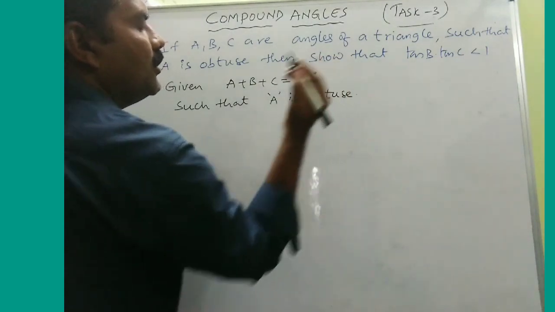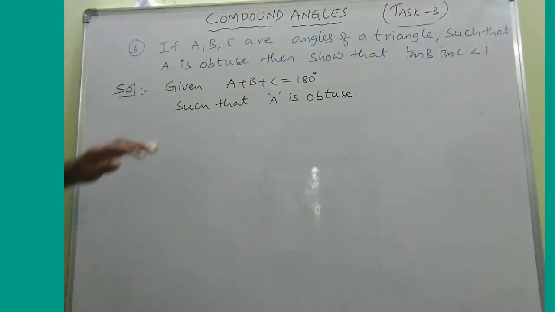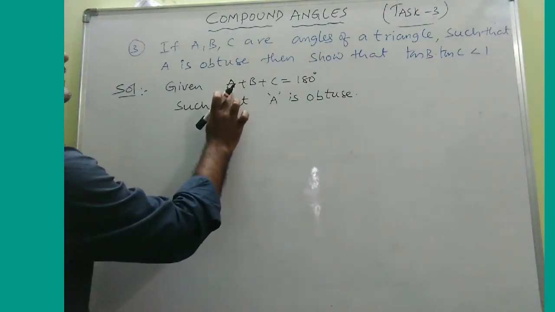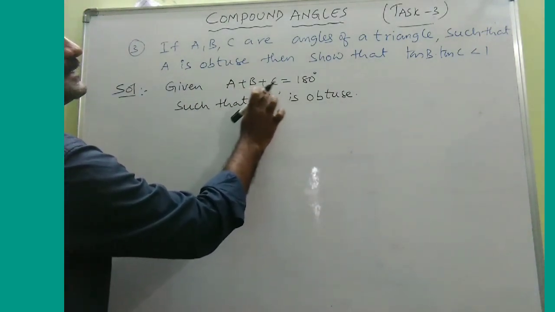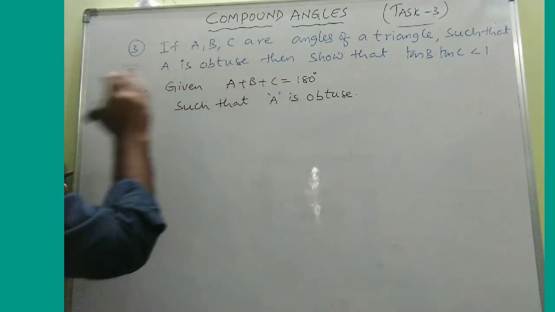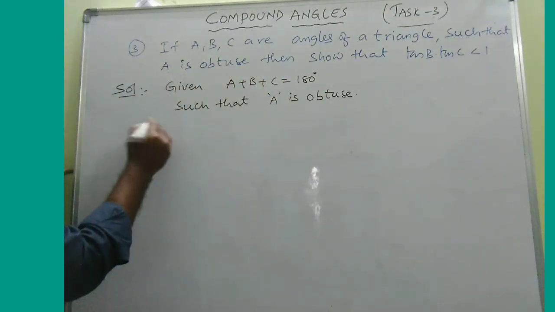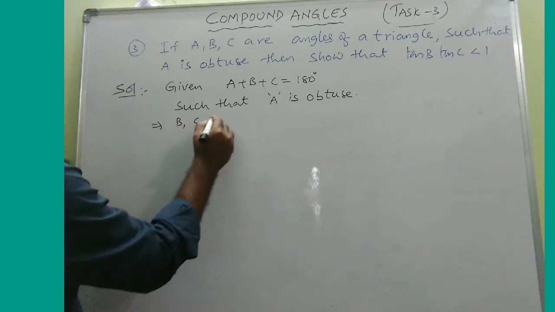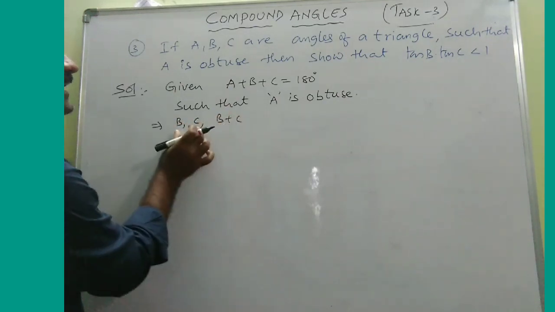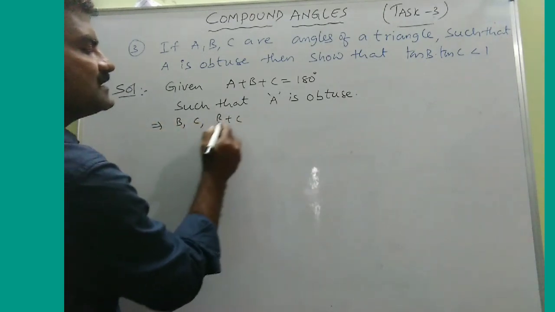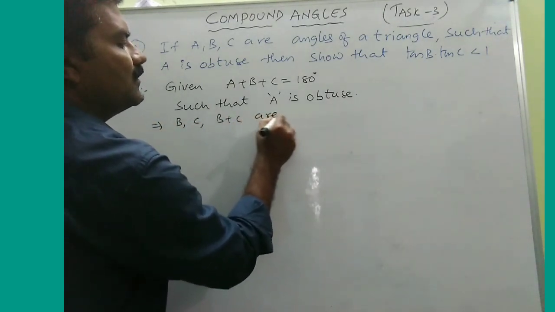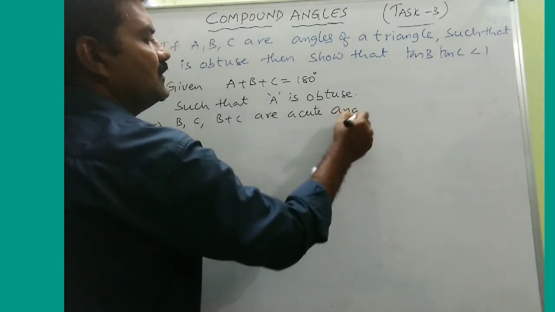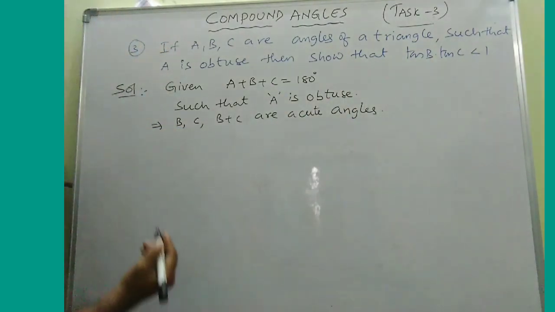Obtuse means it is already more than 90. So if it is already more than 90, then the sum of the rest must be less than 90. I mean, angle B, angle C, even B plus C, if you add these two, must be acute angles.